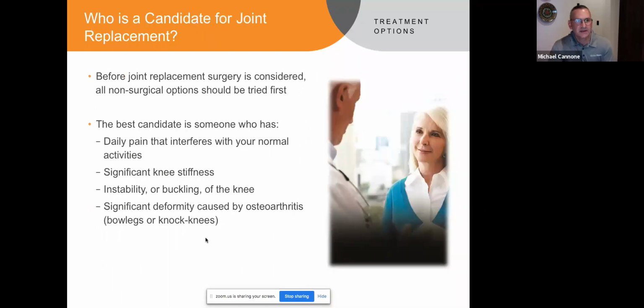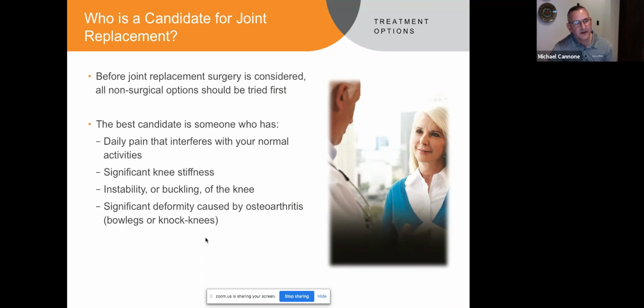Before joint replacement is considered by myself or any one of my partners, we want to make sure that we've considered all non-surgical options, including oral medications, activity modifications, attempted weight reduction, and physical therapy.